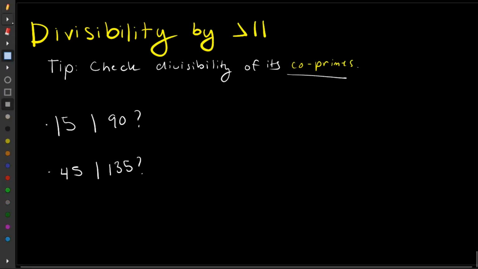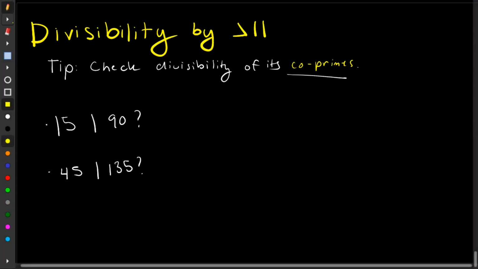So for this example, we know that for 15, the co-prime factors are 5 and 3. So we simply check if this one is divisible by 5 and 3.